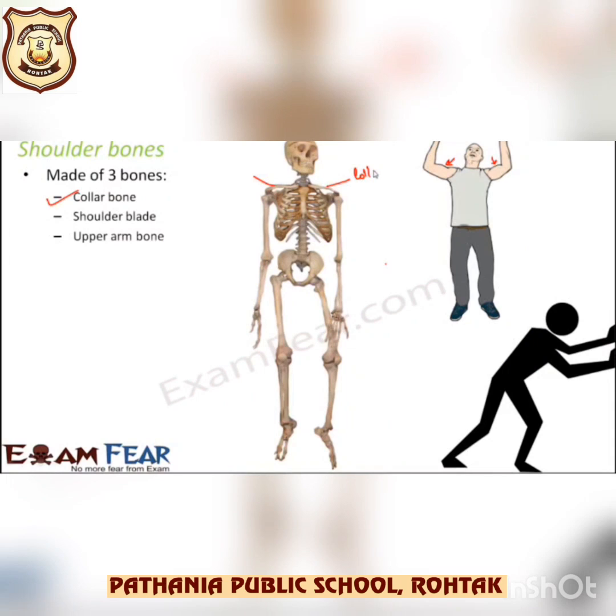One end of the collarbone is attached to the shoulder blade, and the other end is fixed to the breastbone of the rib cage. So shoulder blade, collarbone, and the upper arm bone, as you can see in this picture.